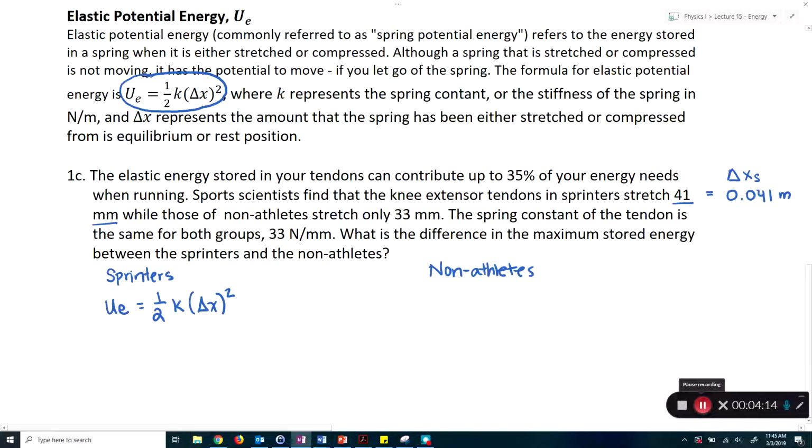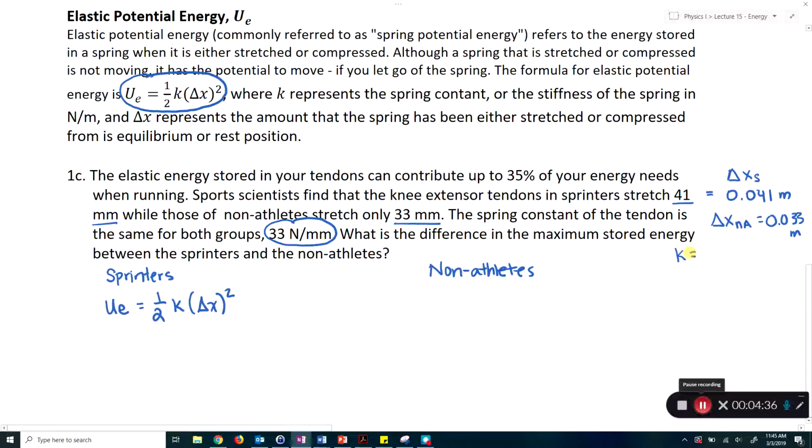And then for non-athletes, it's 33 millimeters, so the delta x for non-athletes, I'll just say NA for non-athletes, is equal to 0.033 meters. Okay, everything has to be in SI units. Same with this over here, which is the k, the spring constant.